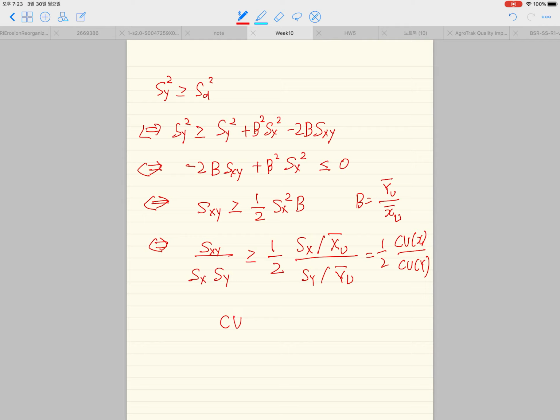CV is the standard deviation divided by expectation. So CV_x is the standard deviation divided by the mean, which is this one.